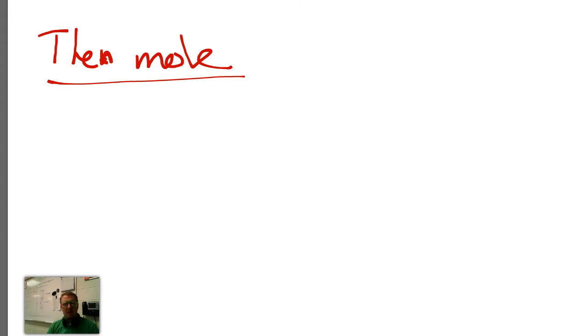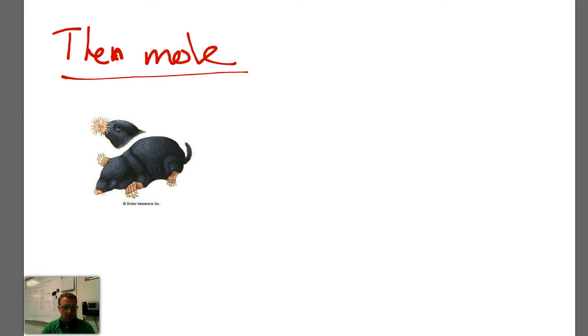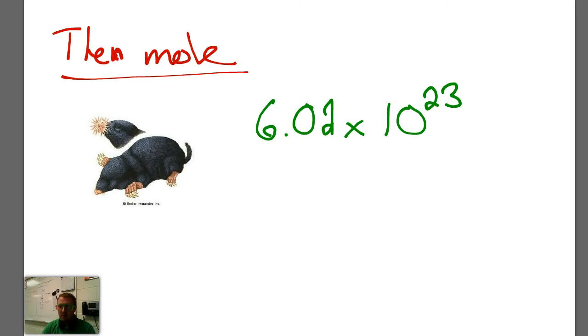All right, when we're talking about the mole, we're not talking about the furry little creature. Even though furry little creatures are very cute, like this mole here, we are not going to be talking about them. We're instead going to be talking about a number that is represented by 6.02 times 10 to the 23rd.